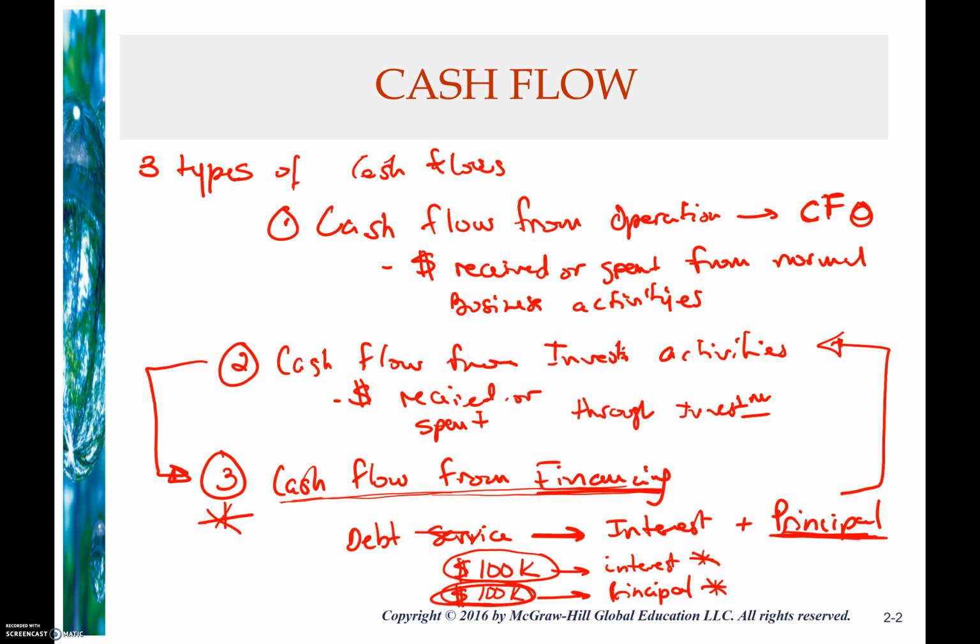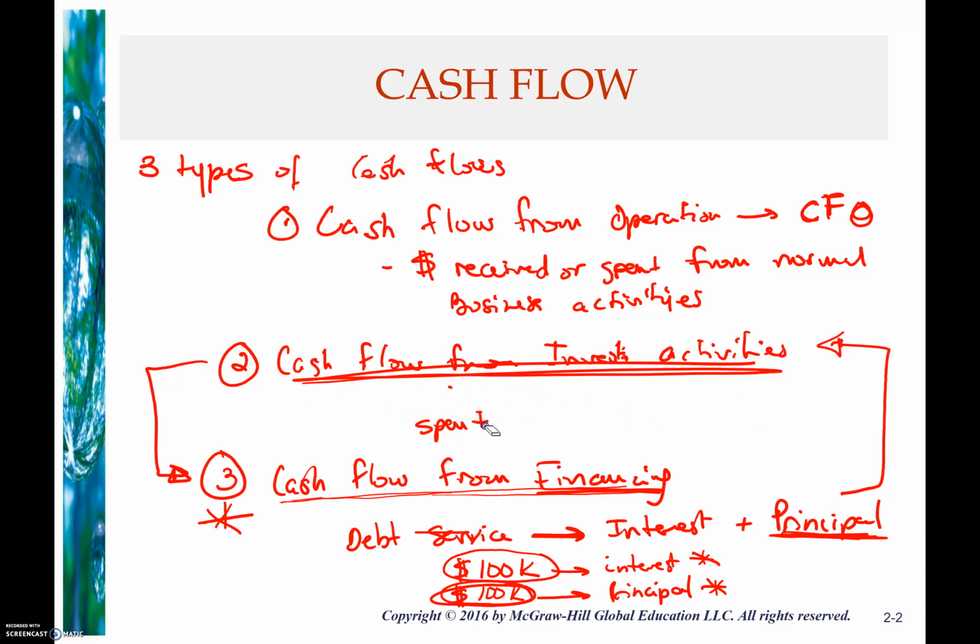Until the fifth year, you're going to be spending $100 million. Well, in this section, that's where you will find the CapEx. CapEx is capital expenditure, meaning any big expenses for buildings, for equipment, and so forth.